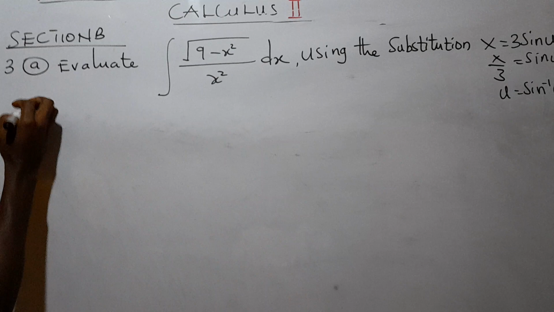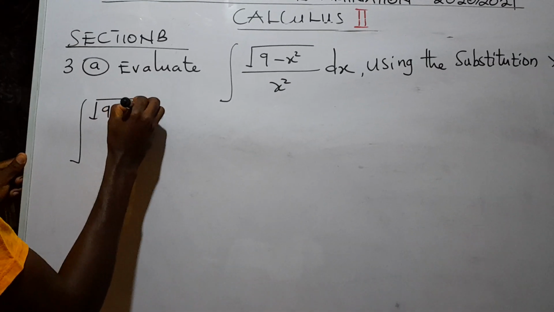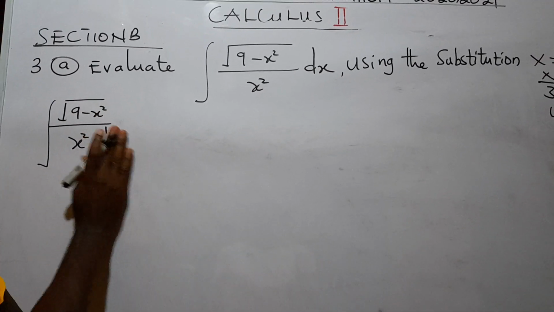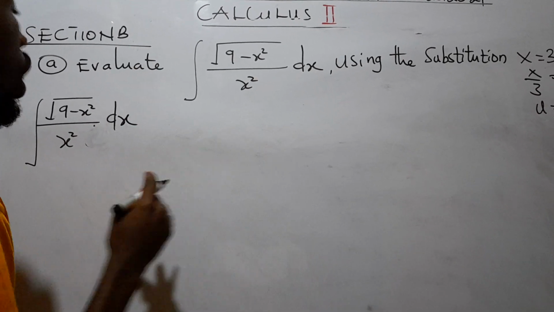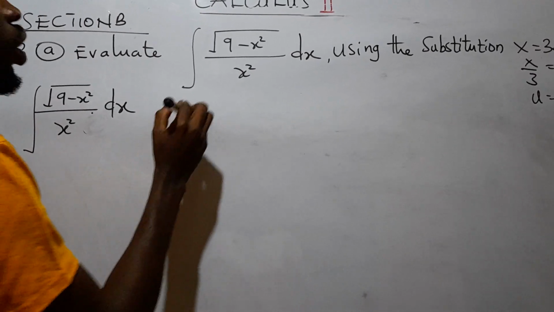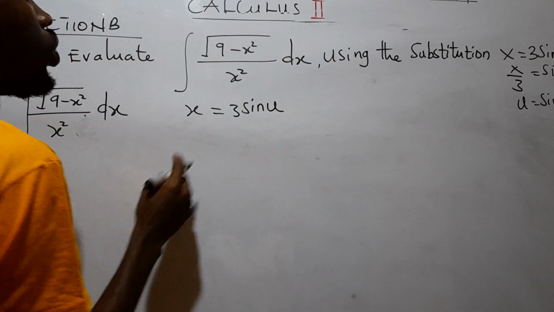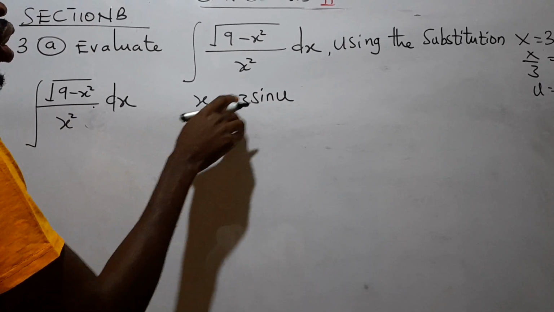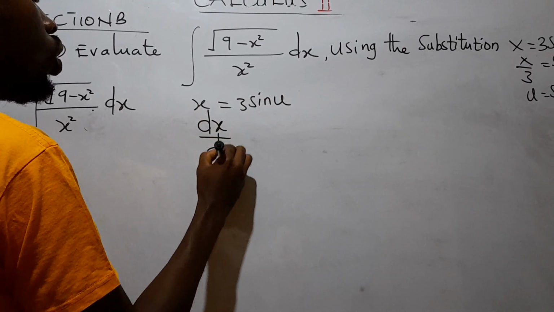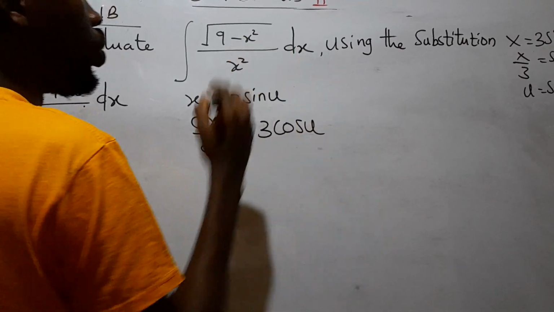So now let's go on. So our integral of the square root of 9 minus x squared over x squared dx, we are going to substitute the necessary thing. So everything will be changed into u. So remember, x is equal to 3 sine u. So we need to find the dx out of this. So we have dx over du, when we differentiate this, we get 3 cos u.